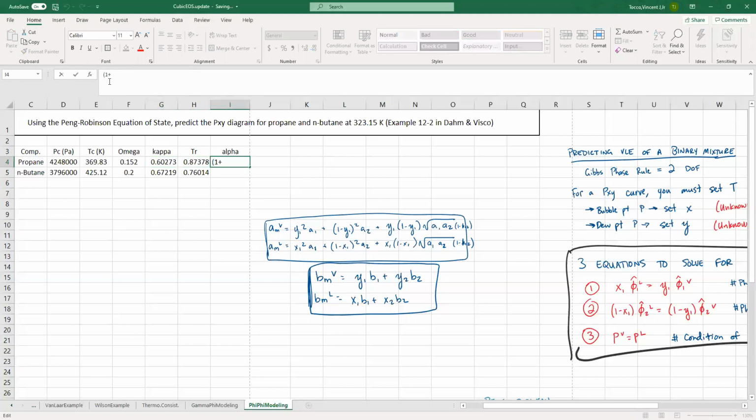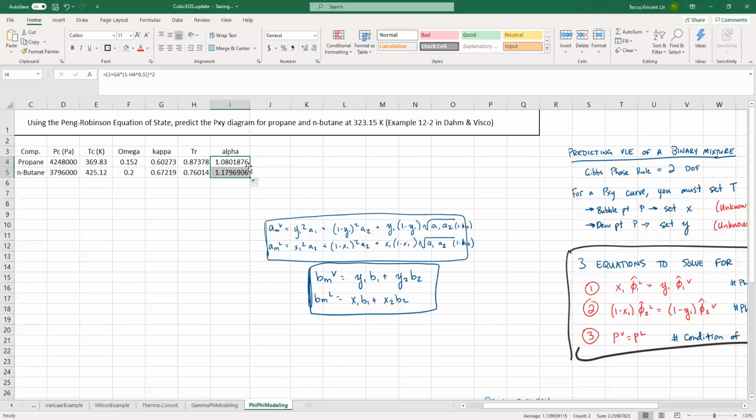Oops, I forgot my equal sign. Always got to have an equal sign. 1 plus kappa times the quantity of 1 minus the reduced temperature to the 0.5, and then this whole thing gets squared. All right, just double checking. I know I made a mistake last time that cost me big time, so I'm just going to double check as I go. All right, seems good. That's my alpha parameter.